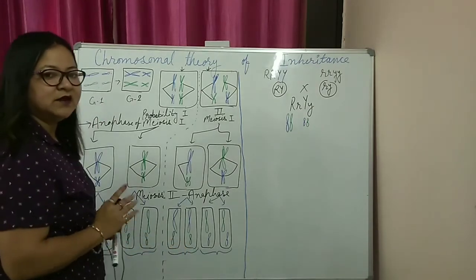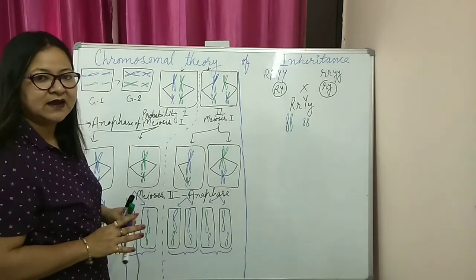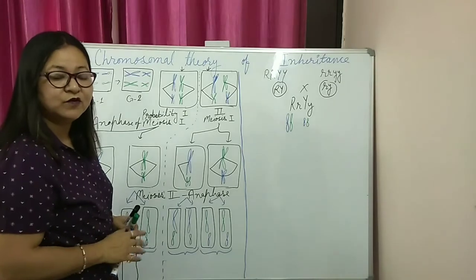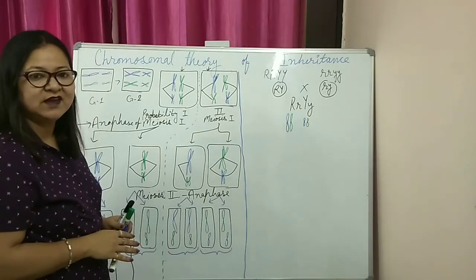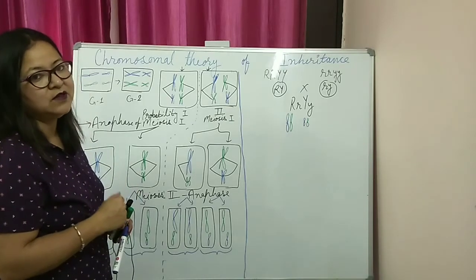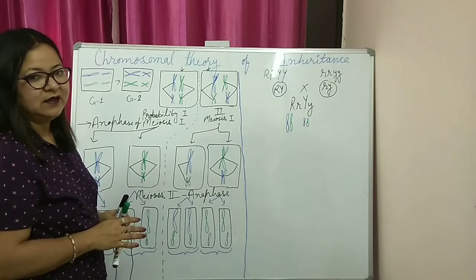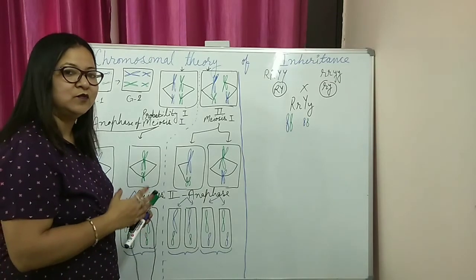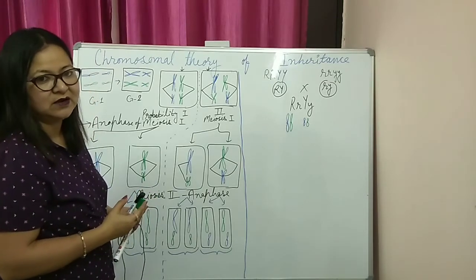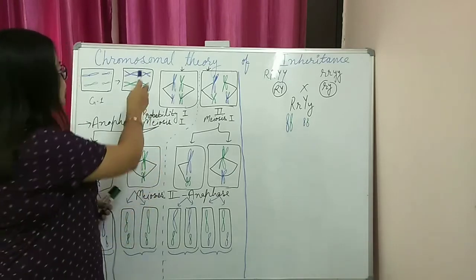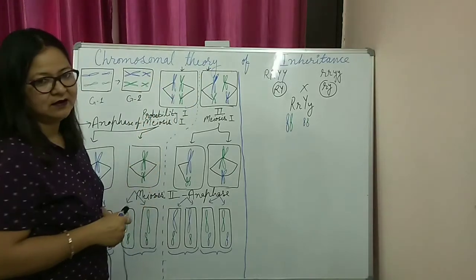So Sutton and Boveri argued that the segregation of homologous chromosomes would lead to the segregation of the factors present on these homologous chromosomes. They united the knowledge of chromosome movement during meiotic division with inheritance and proposed the chromosomal theory of inheritance.